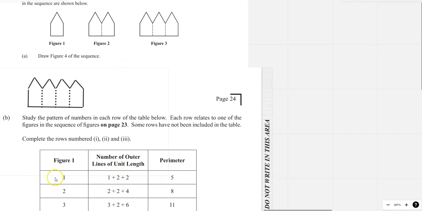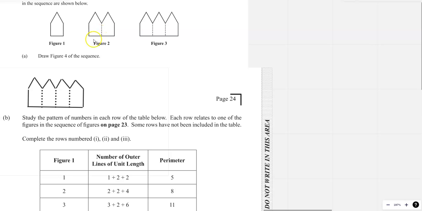Row number 1 relates to figure 1. At the base we have 1 line, at the side we have 2, and at the top we have 2. So this 1 represents the line at the base, at the side that represents 2, and at the top that represents 2. When you add up everything you get 5.